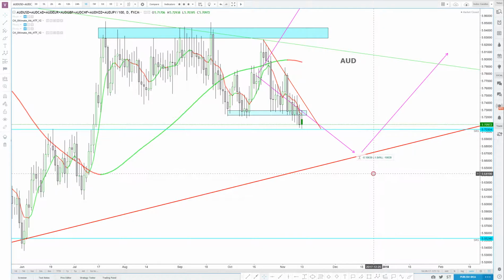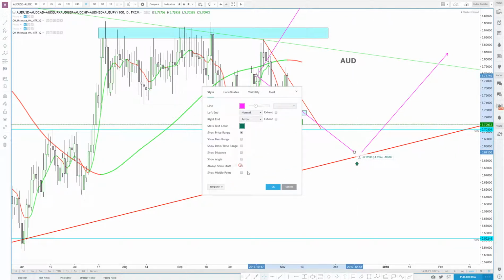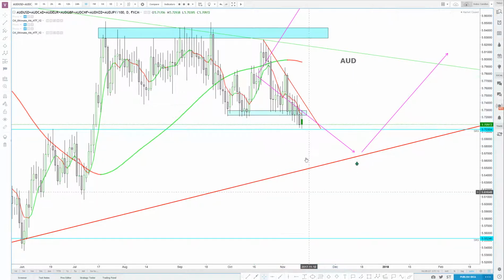I would definitely be very interested in buying it here, and it's still interesting to buy here now, and if there's an Australian pair that looks good, if it's also at some kind of SRS level or other, I might look to buy it, just for it to kind of start going up this way.